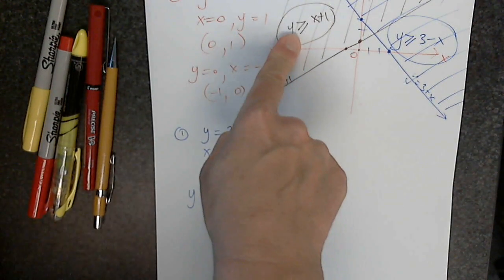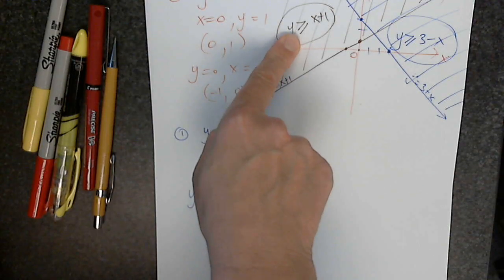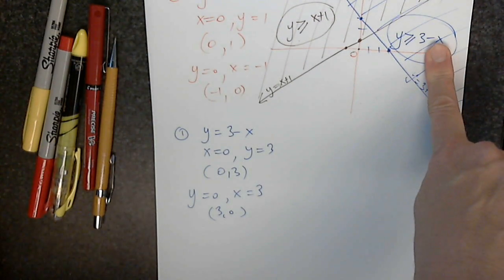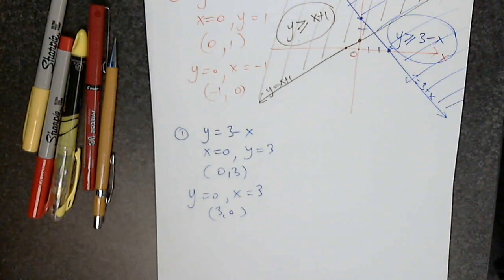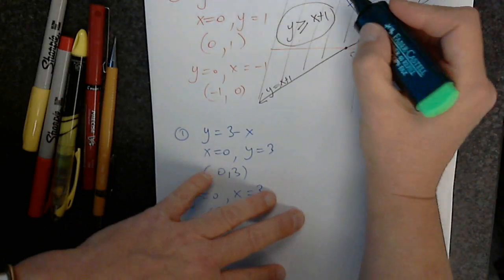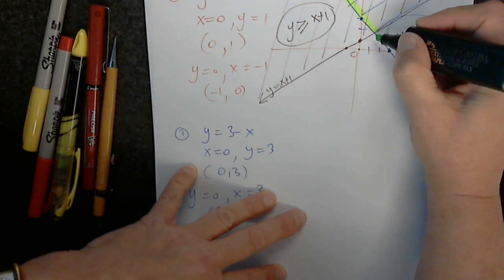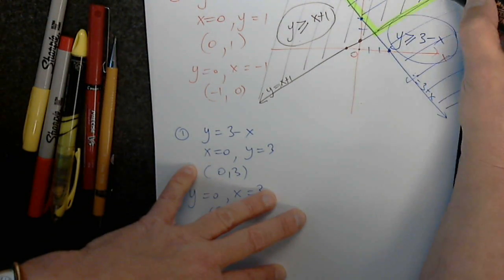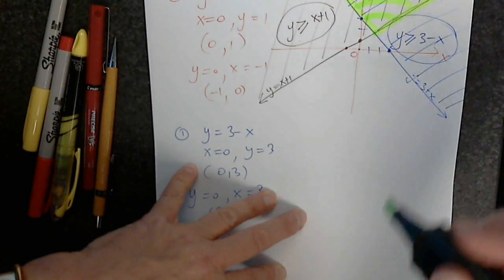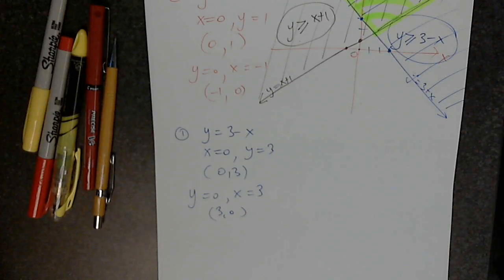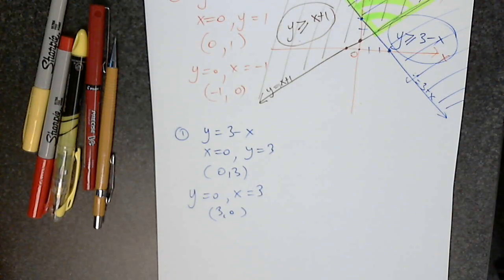If I choose this area, only the first one is true. If I choose this area, only the second one is true. So where do I look? Where they're both shaded, where I see both colors. This line, this corner, this line, and everything in between. That is the solution of the system.